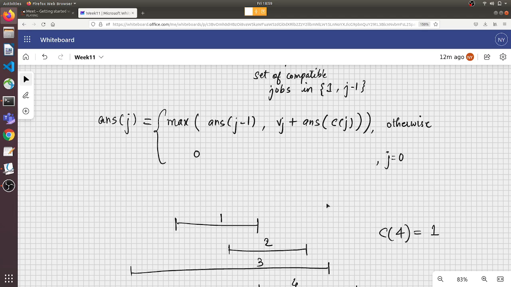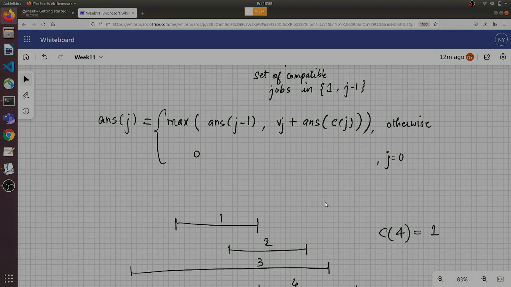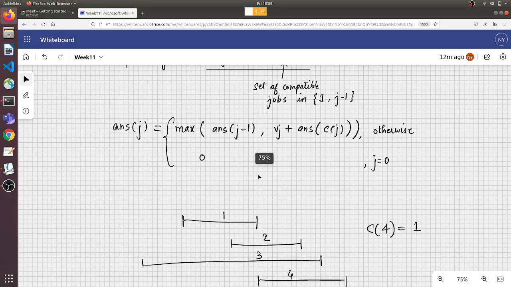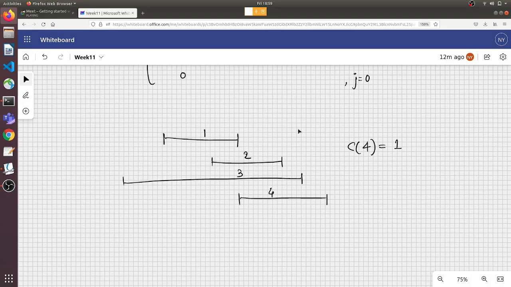The way I understand it is that, let's say for each job in the lines that we have, 1, 2, 3, 4, we'll have something like n squared pairs of a job and a job before it, right?